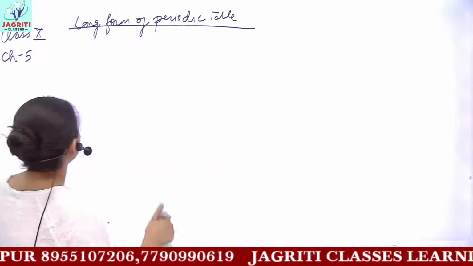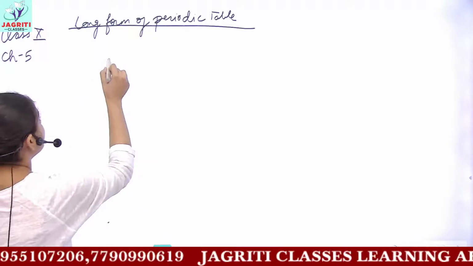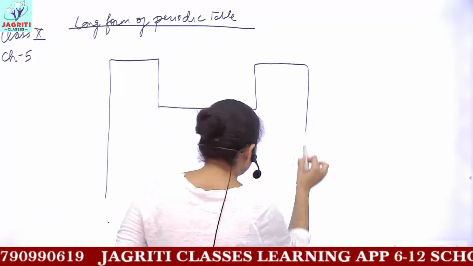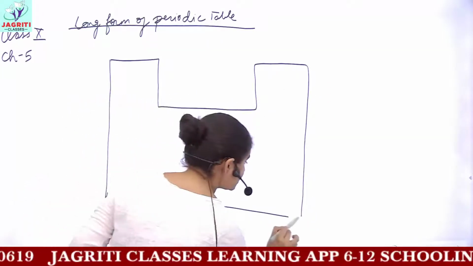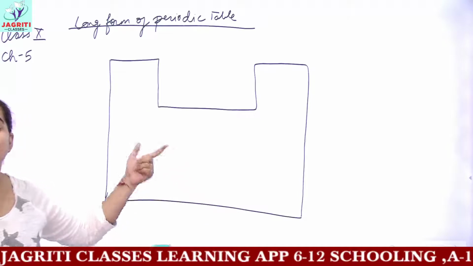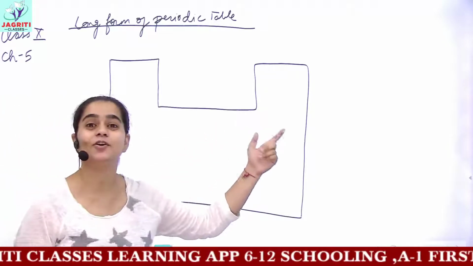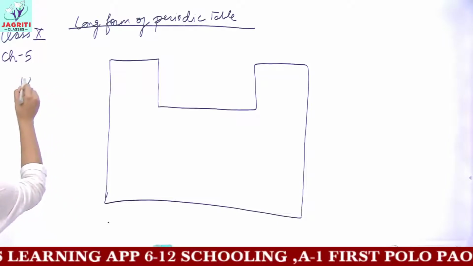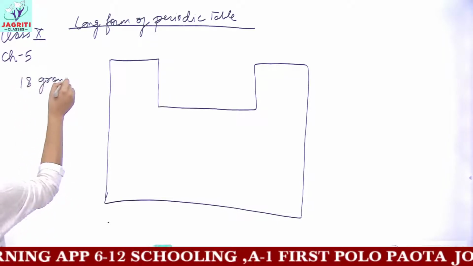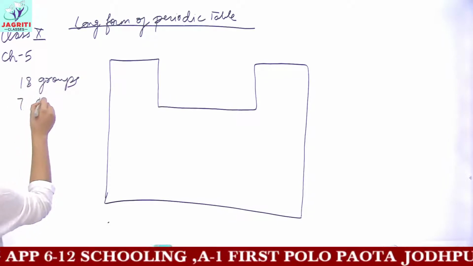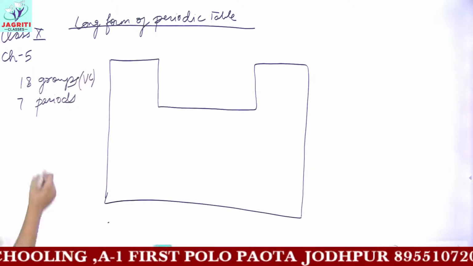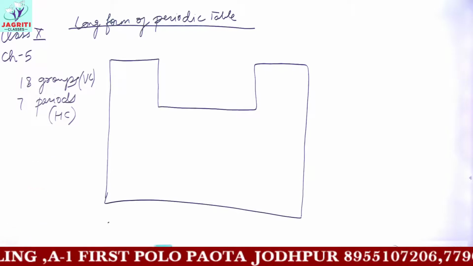I already told you in the previous class that our modern periodic table is of this structure. You can see the modern periodic table which is already drawn in your books. This periodic table is divided into 18 groups and 7 periods. The groups are the vertical columns and the periods are the horizontal rows.